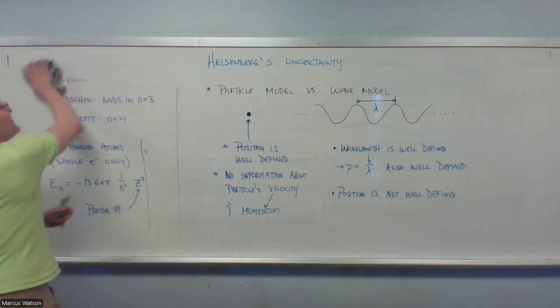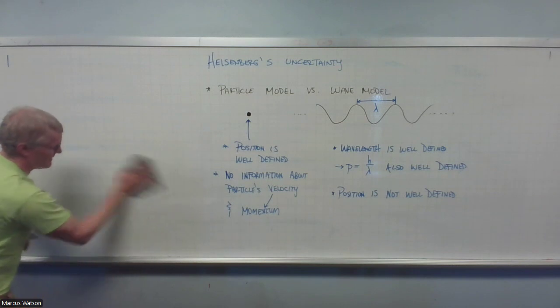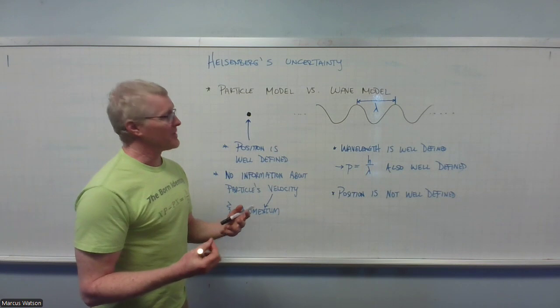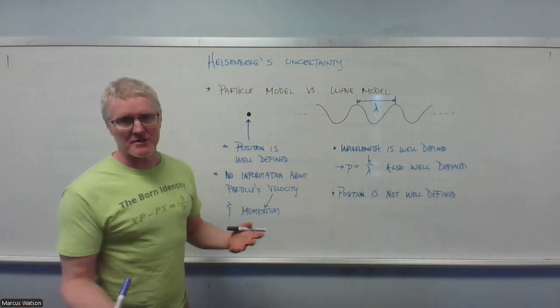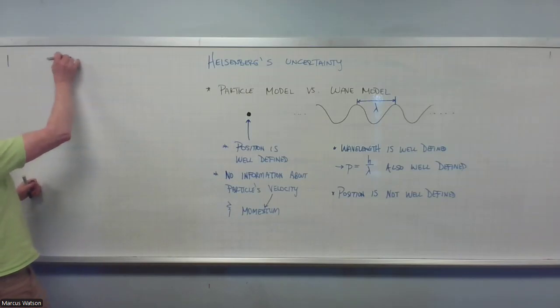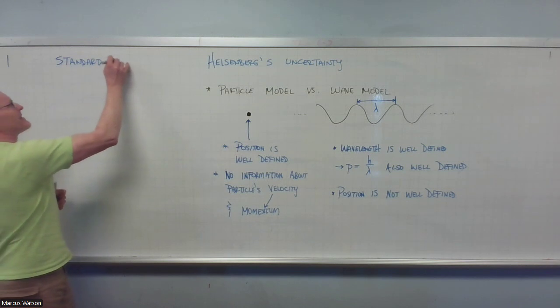So what this means is the uncertainties, which are related to the standard deviations of the things, which I'll just write as delta x here. Typically these are the standard deviations, and the reason for that is because they're mathematically calculable.